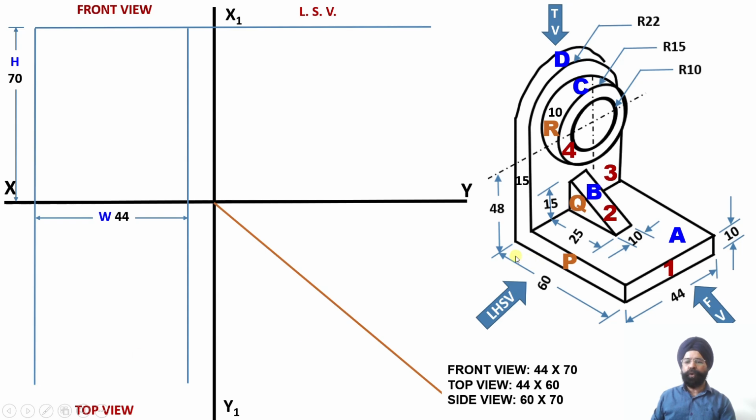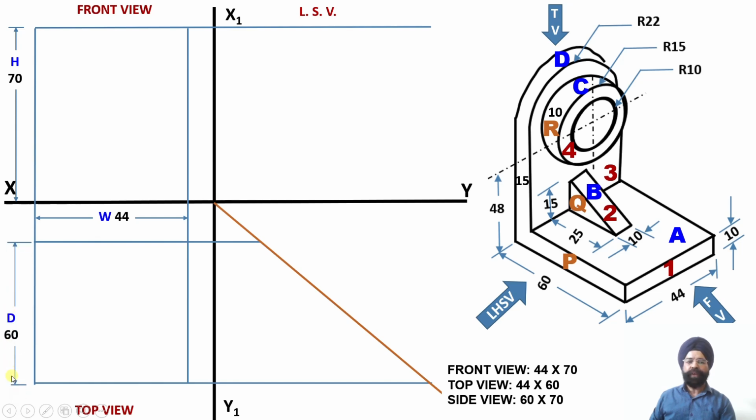In the top view we also require the depth of the solid, and we know it is equal to 60 millimeter. Now we have drawn two projection lines separated by a distance of depth equal to 60 millimeter. This dimension of the depth will be transferred onto the left hand side view using this particular transfer line.